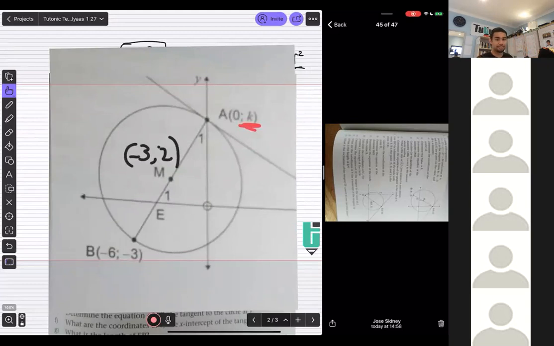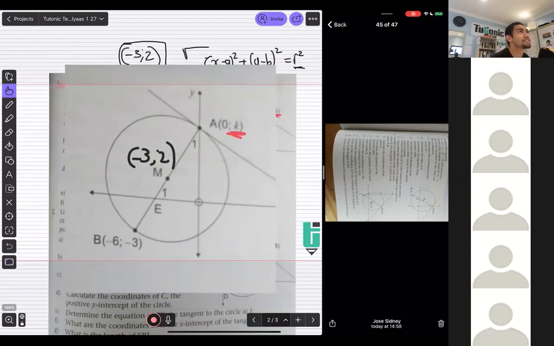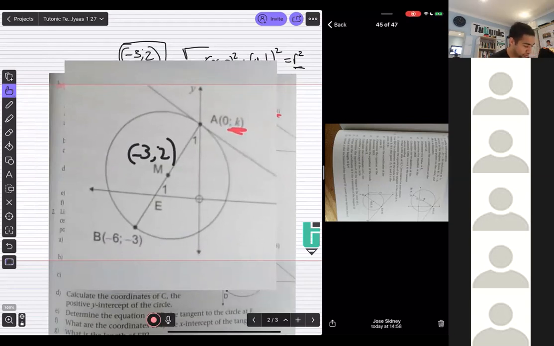They want you to work out K. Can we use midpoint? Yes, most certainly can. You could also work out the gradient. So who said midpoint? Naima, so you said midpoint.